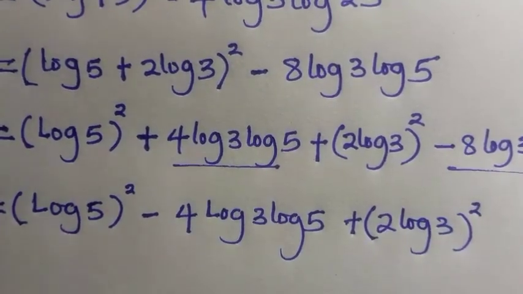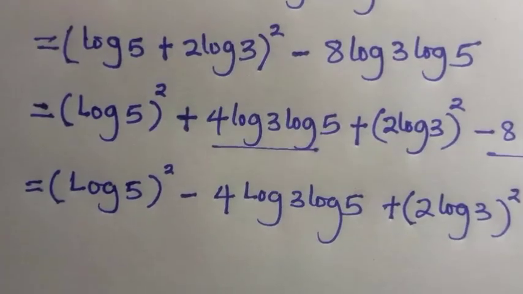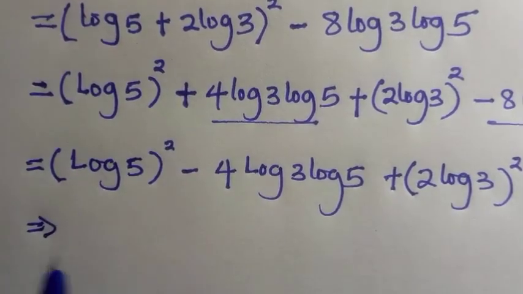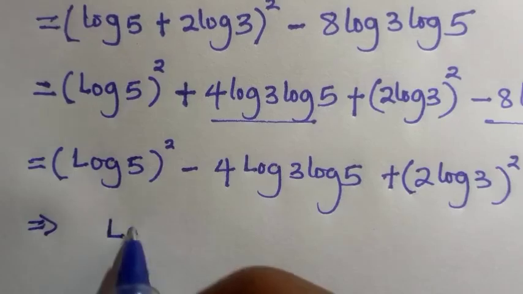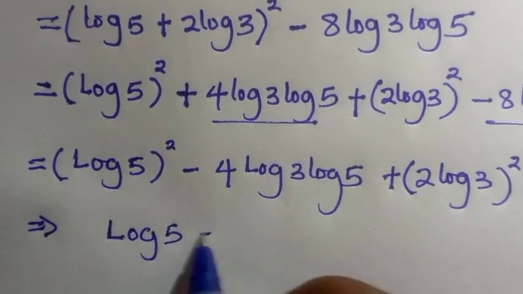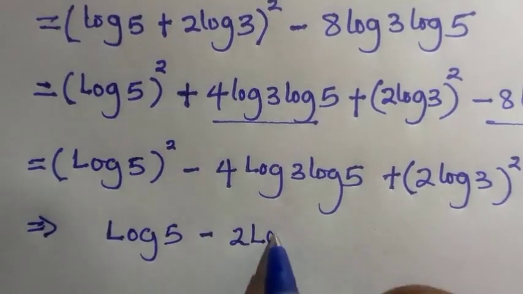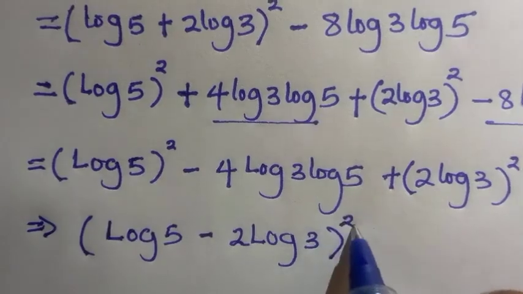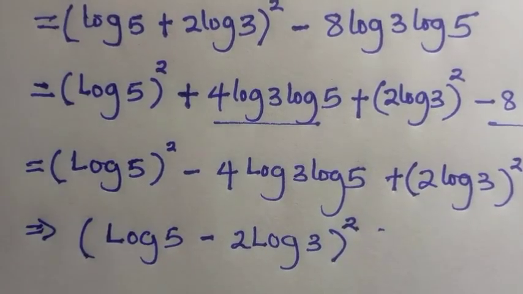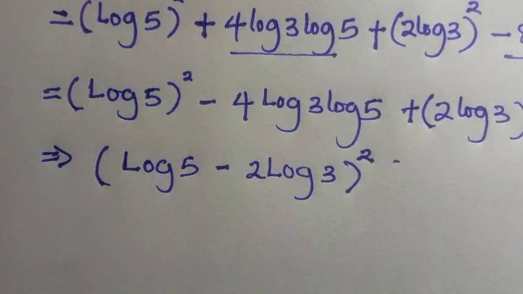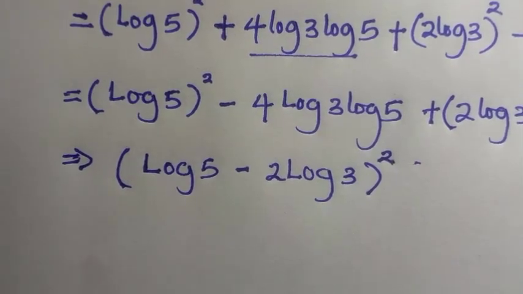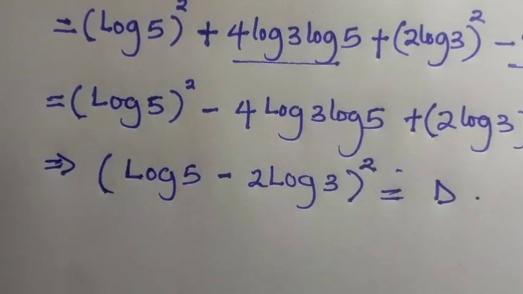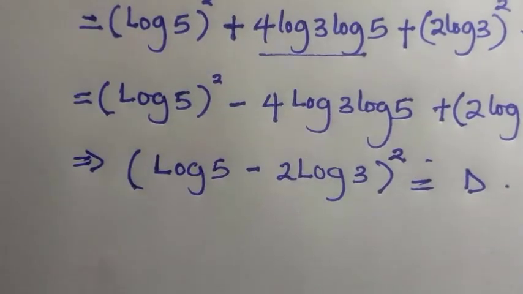Looking at this again, we can compress it: instead of the positive that came from expanding that bracket, we change it to negative because of the minus 4 log 3 log 5, and it implies that we have log 5 minus 2 log 3 all squared. We can take our time and expand this to get what we have above. This is the value of the discriminant, but it is in the square root according to the formula, so the square and square root cancel each other.